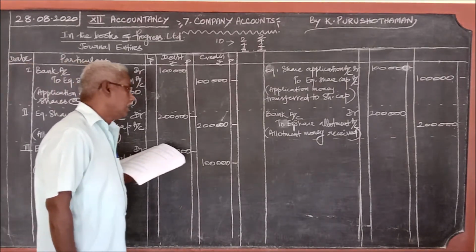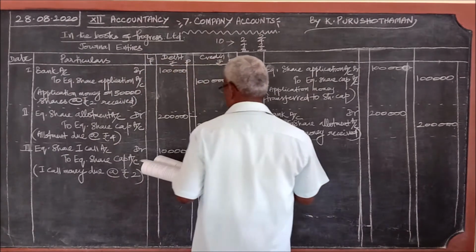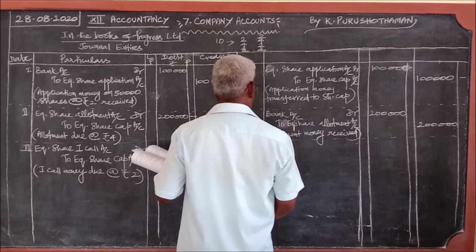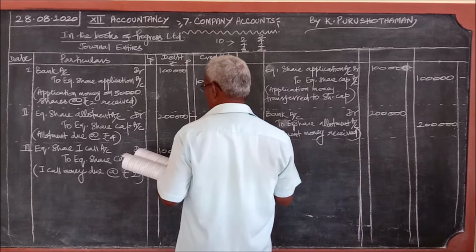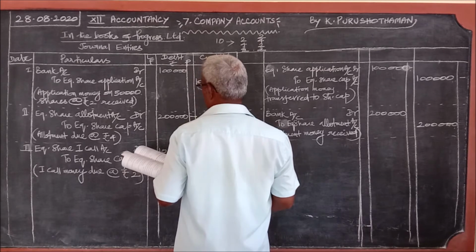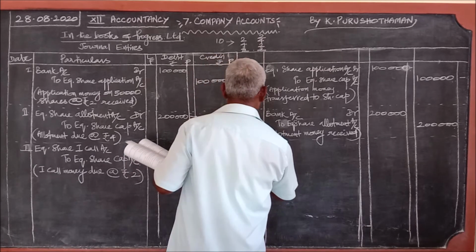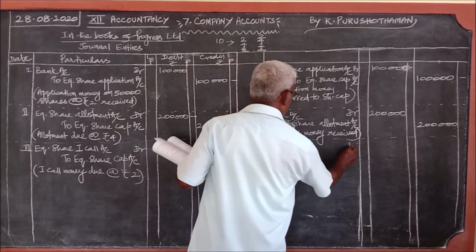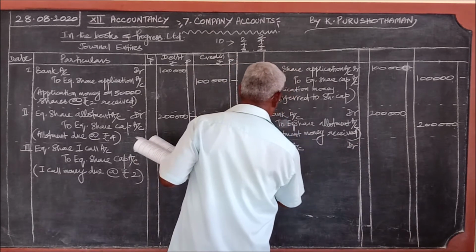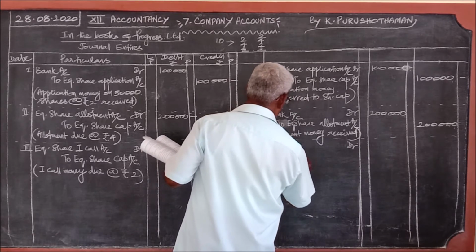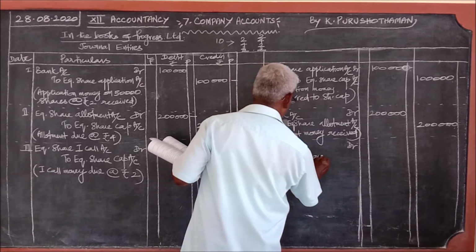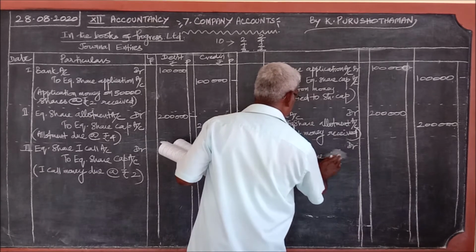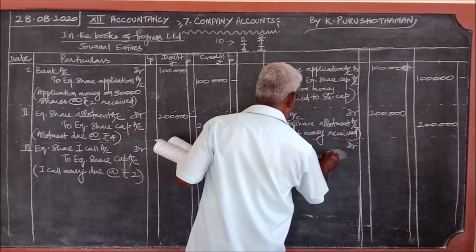Then what should be the journal entry here? Bank account debit to equity share first call account.